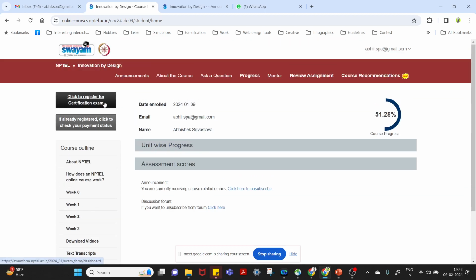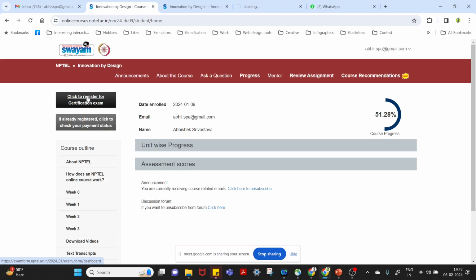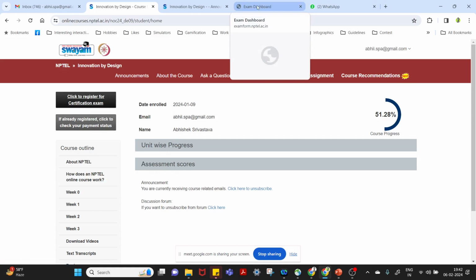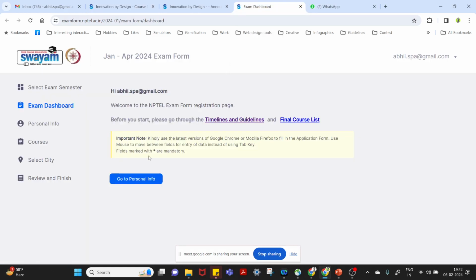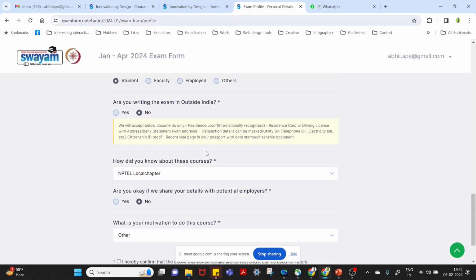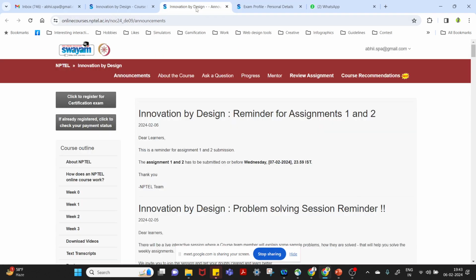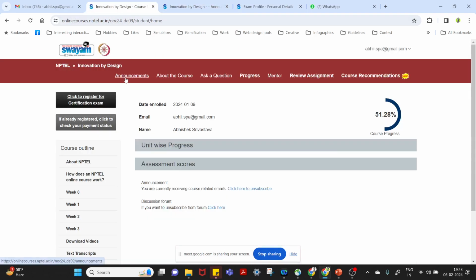If you are doing it for a certificate, you can click here and register for the examination. It will lead you to a different page and you'll have to start filling in your details. You need to click on personal info and then it'll ask a set of questions for your profile and you can fill all of that. These are the basic details which you have to fill in. You save and continue, and fill in any other fields.